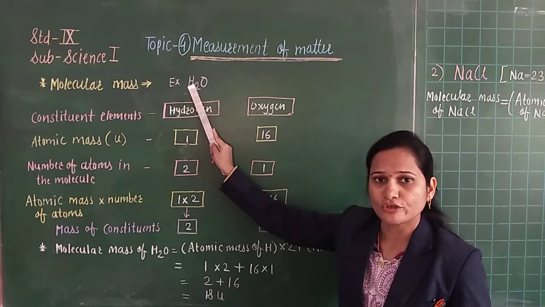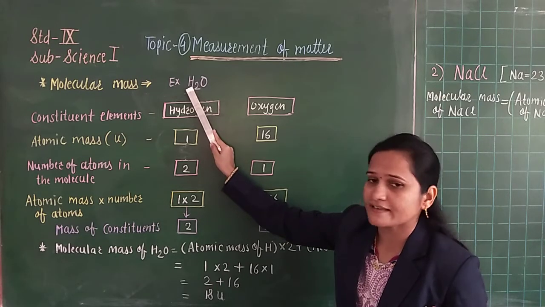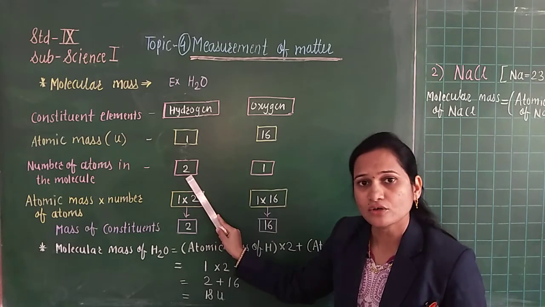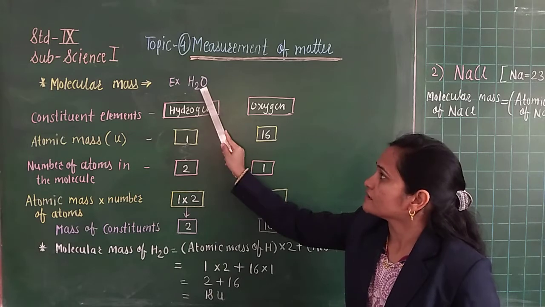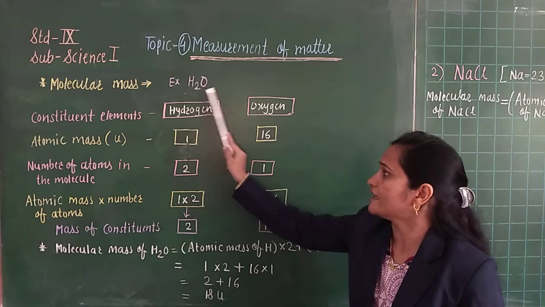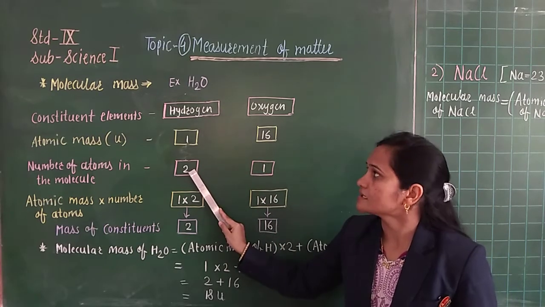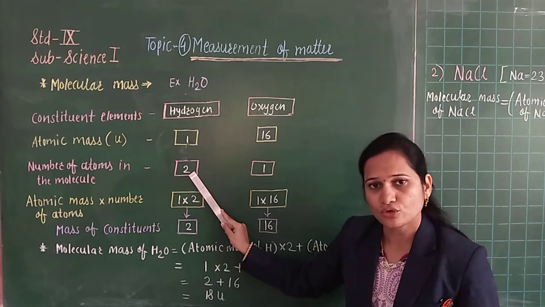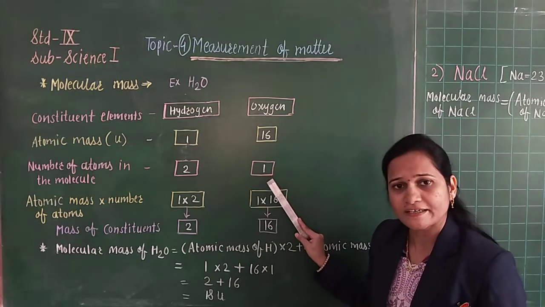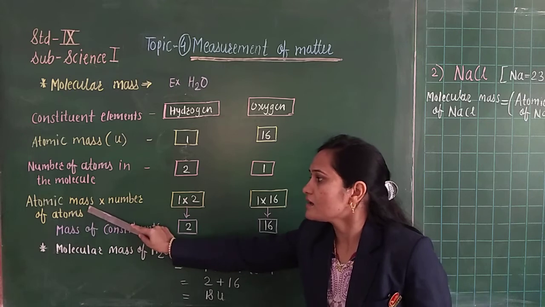How many atoms are there in hydrogen? 2 atoms, so I have written 2. And in H2O, how many atoms of oxygen? Only 1, so I have written 1.